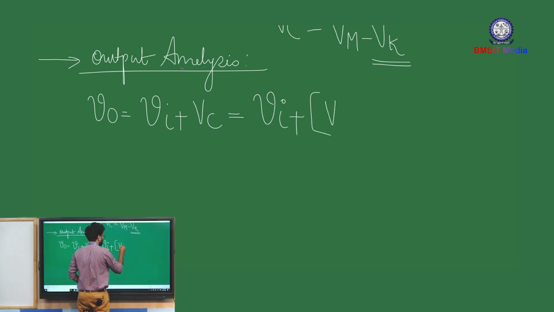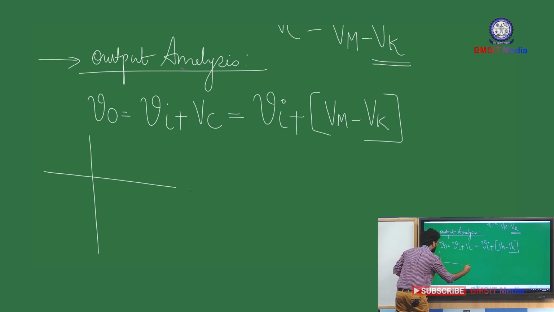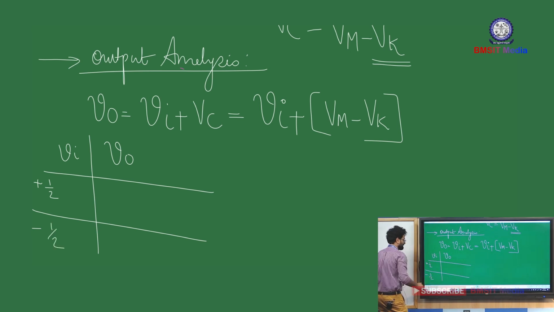Vc is Vm minus Vk. So the barrier potential you need to consider into the equation, and due to which we can make a similar table here. This is Vi, this is V0, this is for positive half cycle, and this is for negative half cycle.